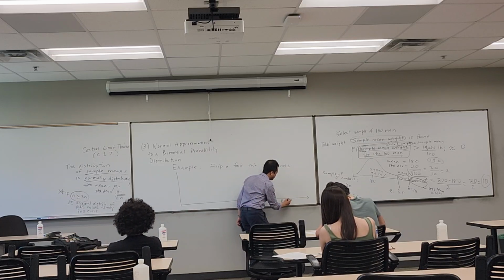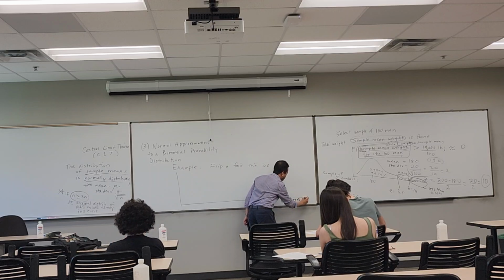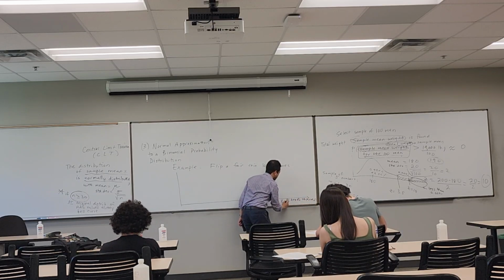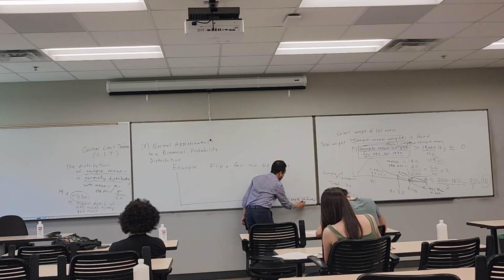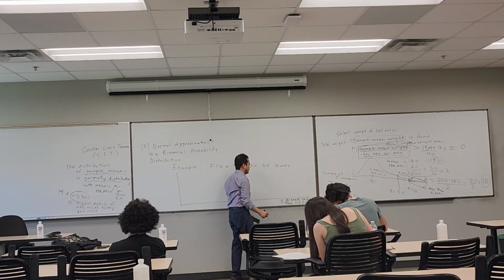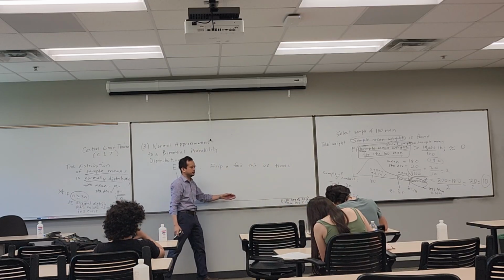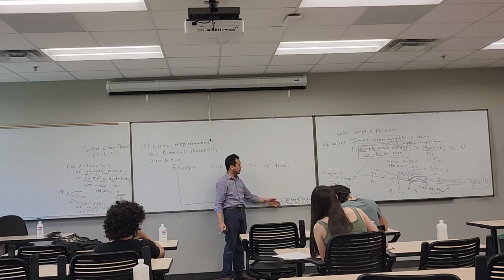So number of heads observed from 100 flips. And let's say that on the x-axis we label all the possible values of this variable.